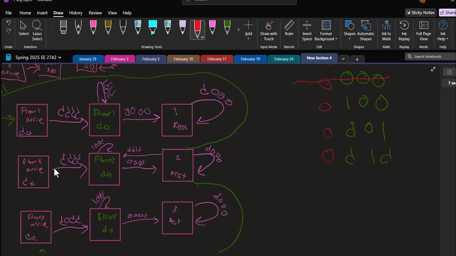Do we still want 0, don't care, 1, don't care, to go to floor 2, door open, to go back to itself in this case?